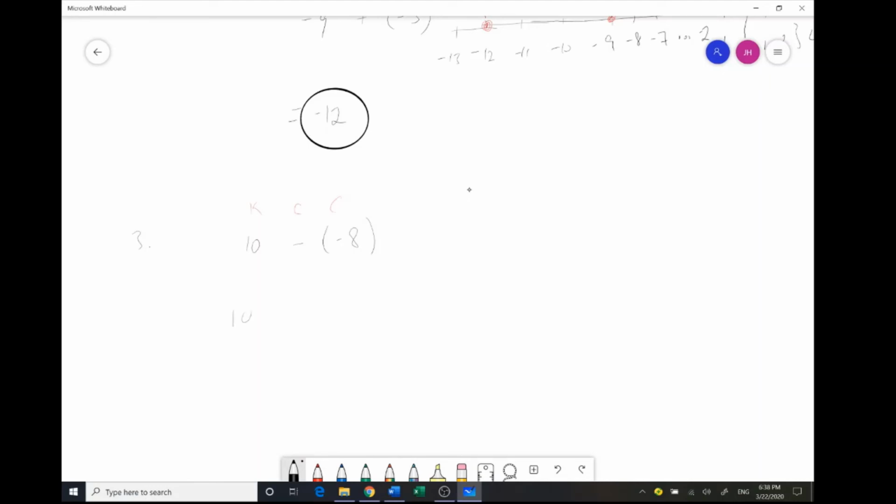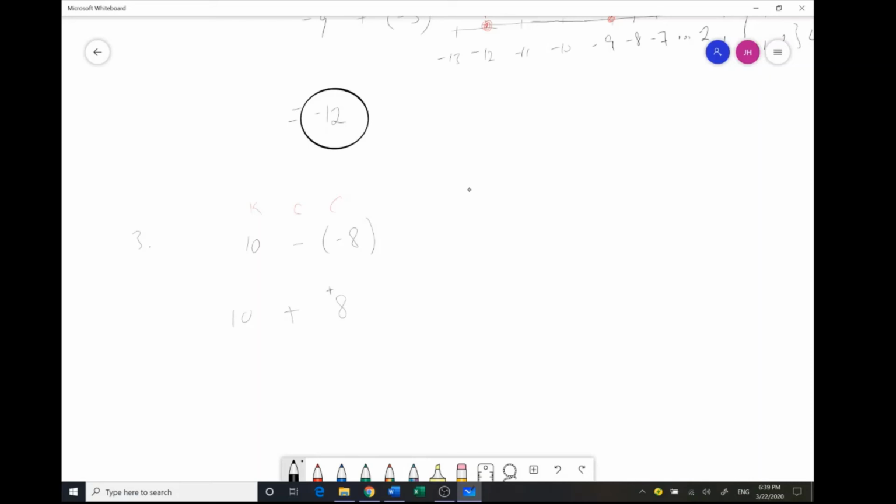So keep, change, and change from a negative 8 to a positive 8. So what then am I looking at? I'm looking at the question 10 plus 8.